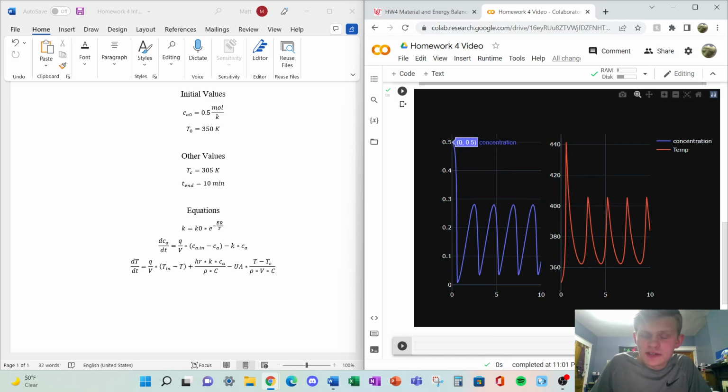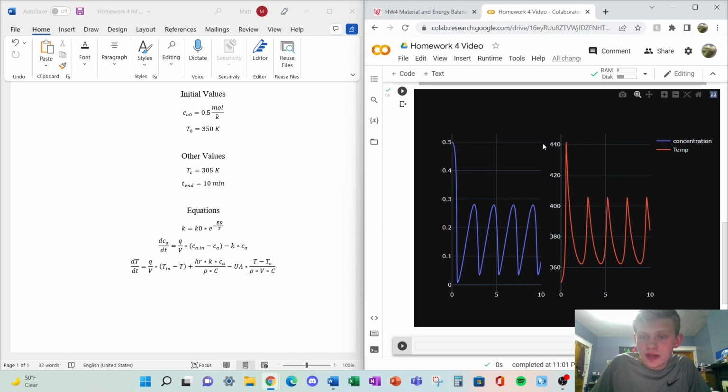As our concentration decreases, our temperature increases, excuse me, because our material is being used up. So our concentration is decreasing throughout this graph, and our temperature is rising because of the reaction that's taking place within our reactor itself.